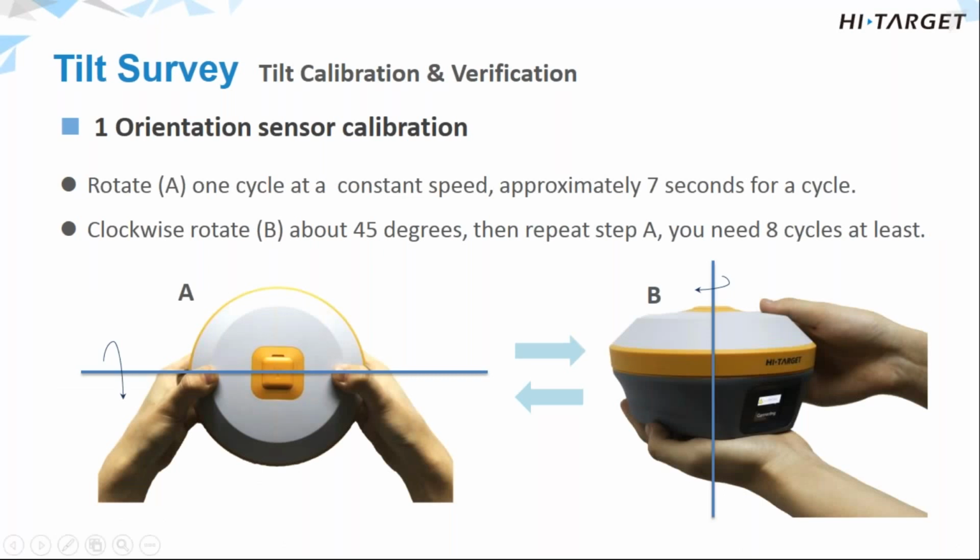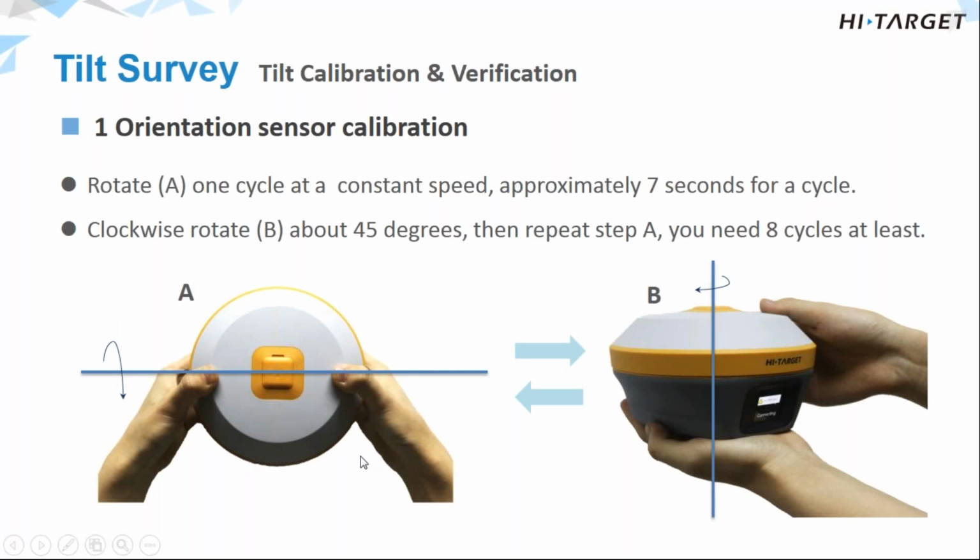So, how do we make the orientation sensor calibration successful? There are two pictures, picture A and picture B. Firstly, you need to do as in picture A: rotate one circle at a constant speed, about 7 seconds per circle.